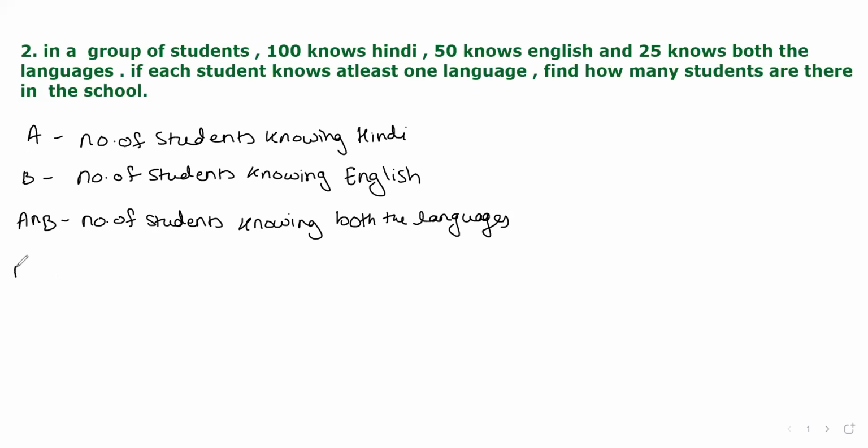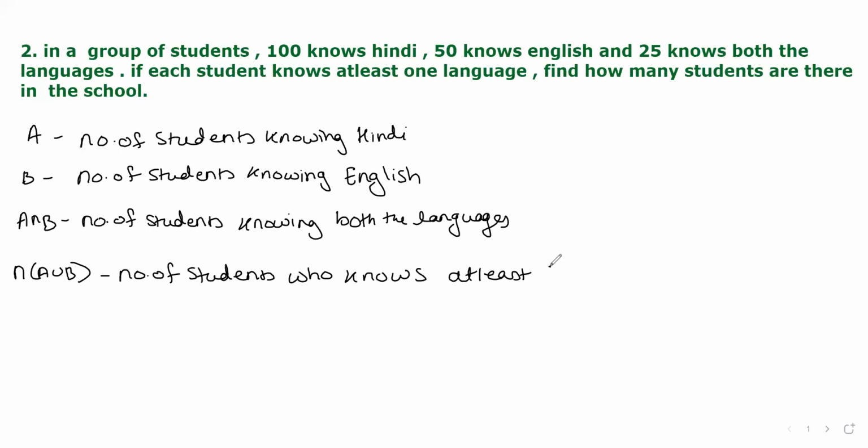Then the number in A union B will be the number of students who know at least one language, and it is also the number of students in the school.